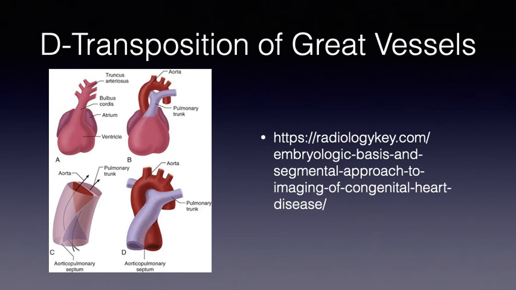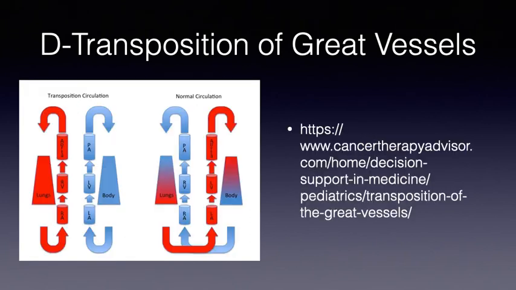The deal is that a cardiac neural crest derivative called the aorticopulmonary septum fails to spiral during development, which is why the roles of the aorta and the pulmonary artery are not correctly established. So we end up with separation of systemic and pulmonary circulations.